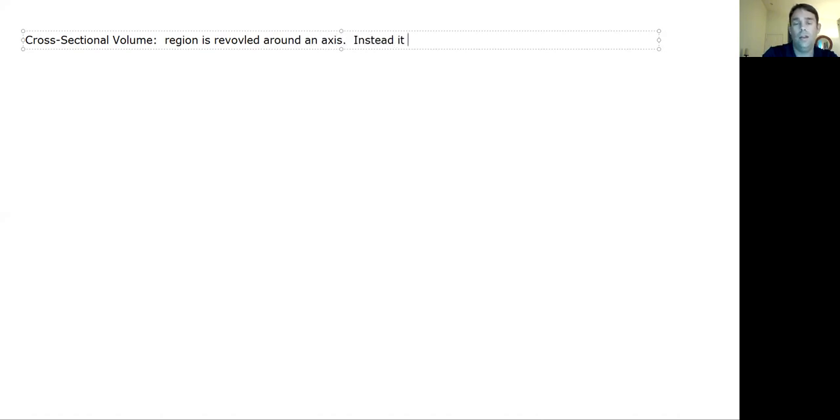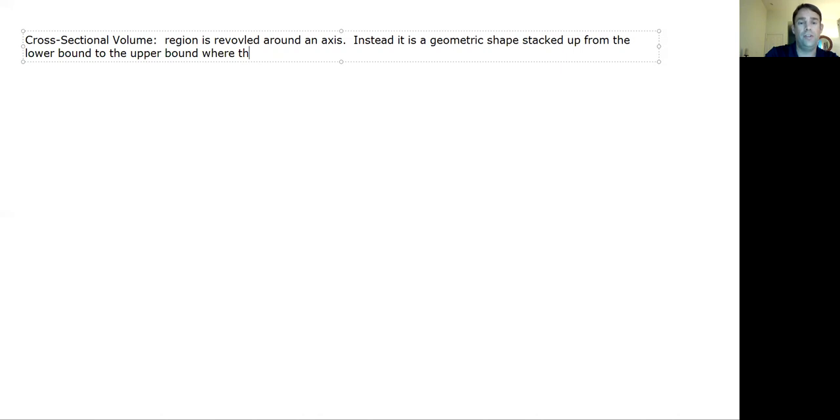Instead, it is a geometric shape stacked up from the lower bound to the upper bound, where the distance between the functions is the base of the geometric shape.